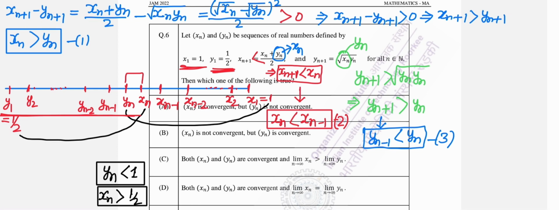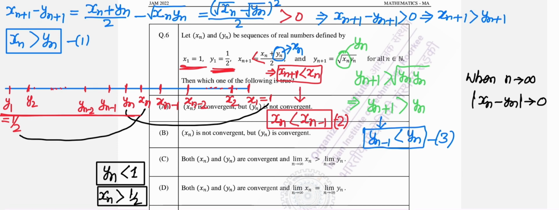What does this mean? This means that when n tends to infinity, x n minus y n, the distance between the two, tends to 0.